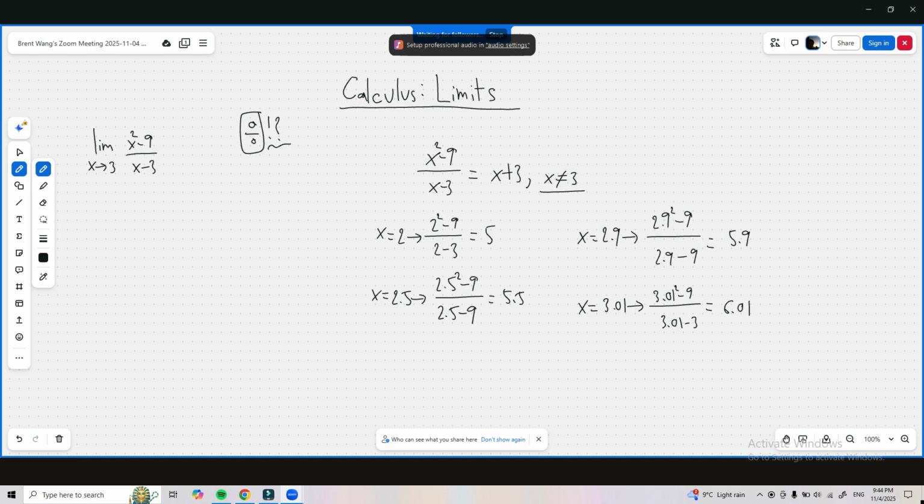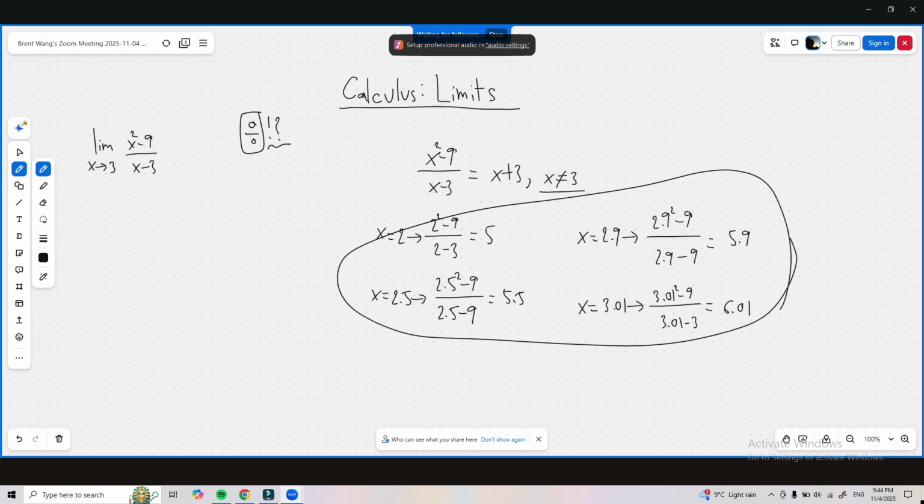Now, obviously, an approximation method is not an acceptable method on an exam, so what you're going to have to do is actually use math to prove it, right? So here's what we actually do.